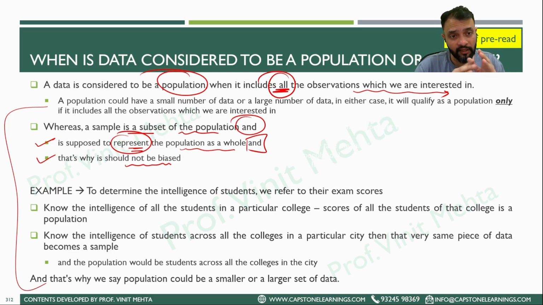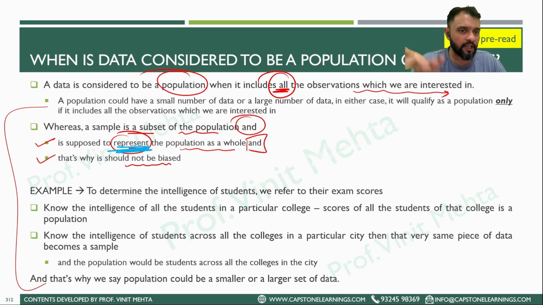When those things are common, I can now say that this sample represents the population. And I hope you now understand how important it is that the sample, whatever we take, does represent the population. Because if it doesn't, your understanding of the population goes wrong. Do you agree with that?